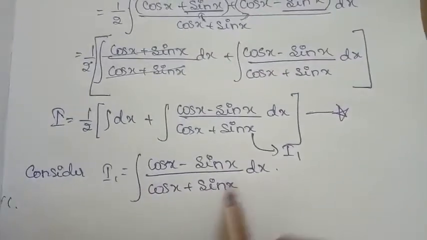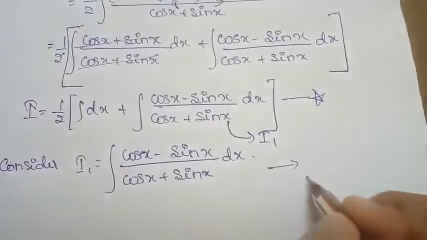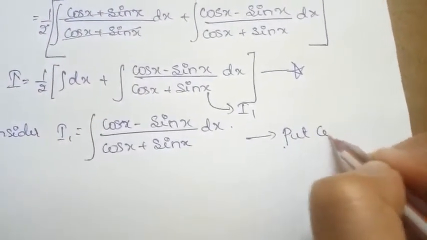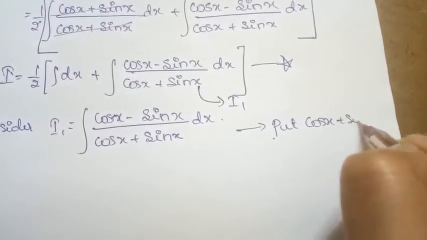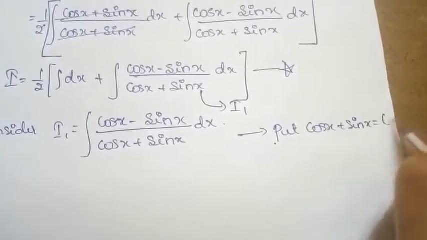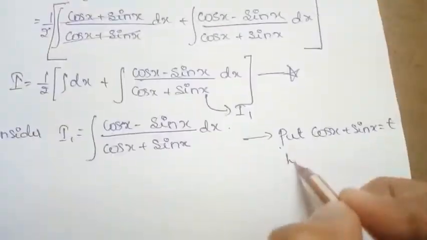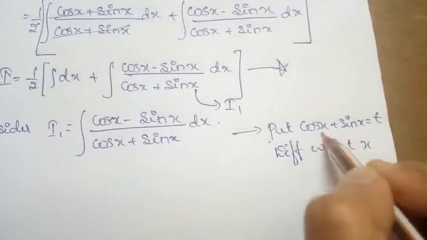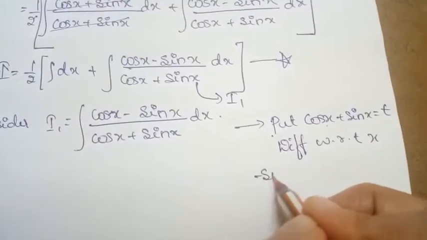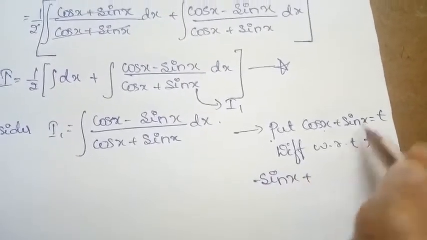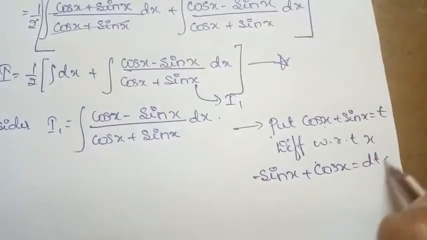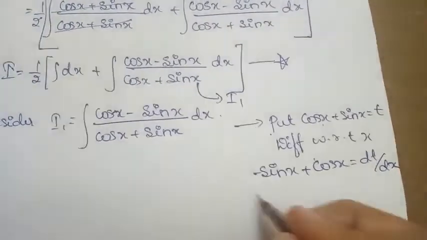Okay. Now we are going with the substitution. I am going to put cos x plus sin x equal to t. Now I differentiate this with respect to x. The differentiation of cos x is minus sin x and of sin x is cos x, and the differentiation of t with respect to x is dt by dx.